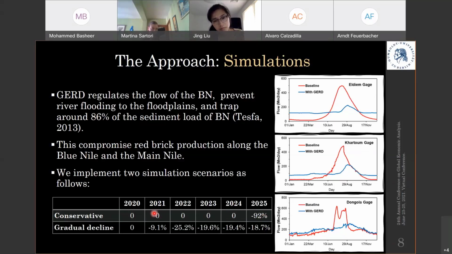So we assume that the filling period is not going to have any impact on the production of fired red brick. In the other scenario, we assume a gradual decline leading to a total of 92% by 2025. So we would be expecting a higher impact with this gradual decline than with the conservative scenario, because here we have the impact of these initial years.